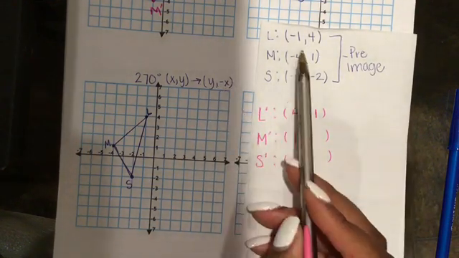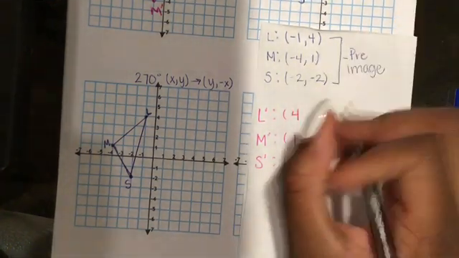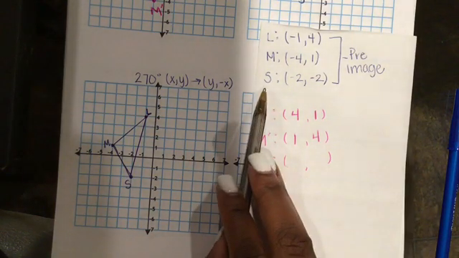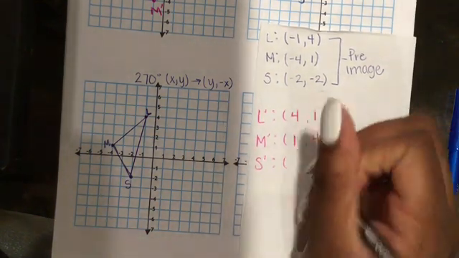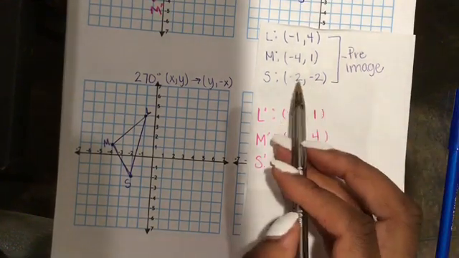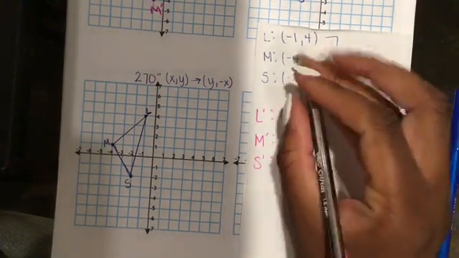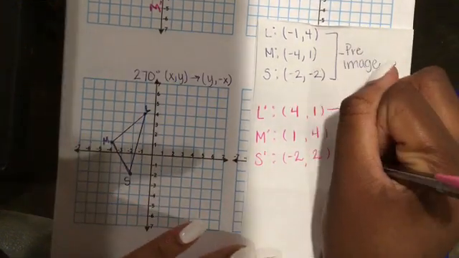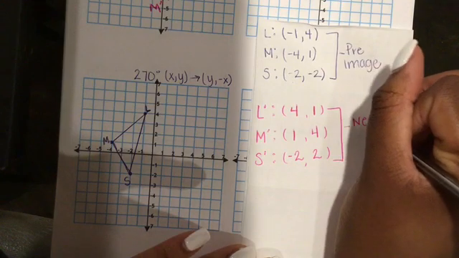Our X changes. So this is -4, so it's going to change to +4. And it now moves to the back. So we go to S. Y comes forward and stays the same. So it stays -2. X goes to the back and changes. So it was negative. It becomes now a positive. This is our new image.